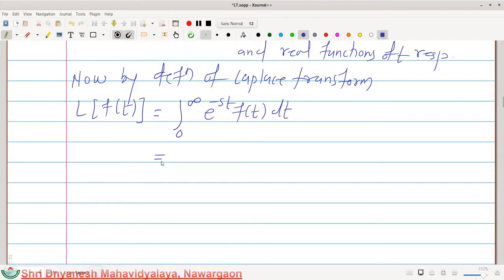But what is f(t) here? f(t) is nothing but c1 f1(t) plus so on cn fn(t), dt.